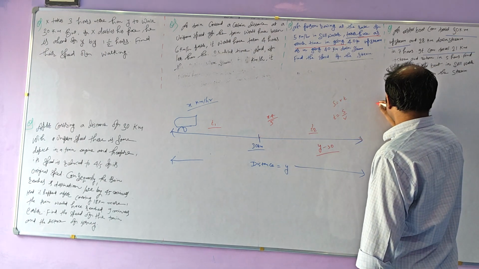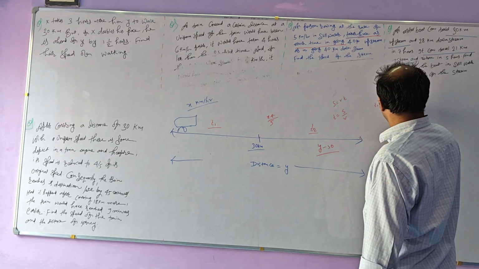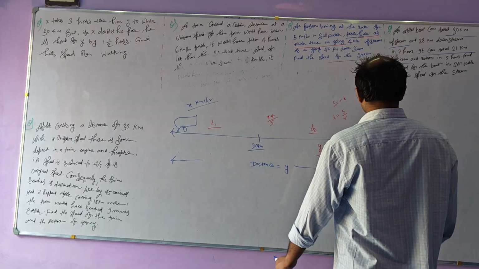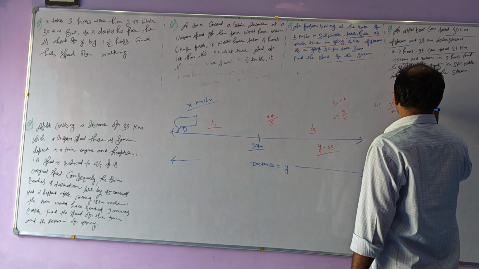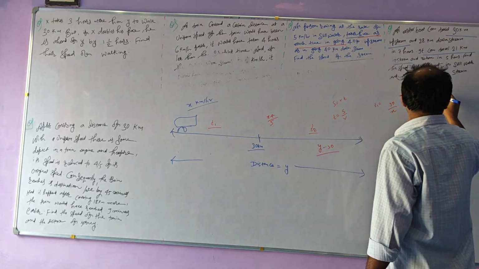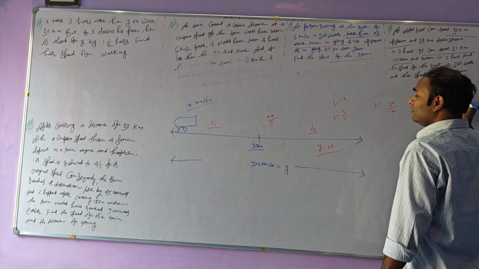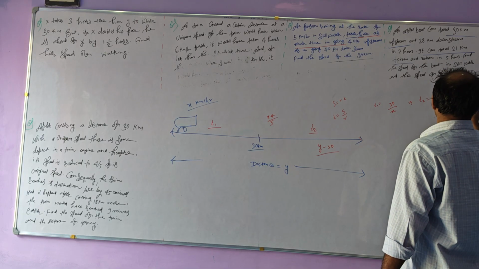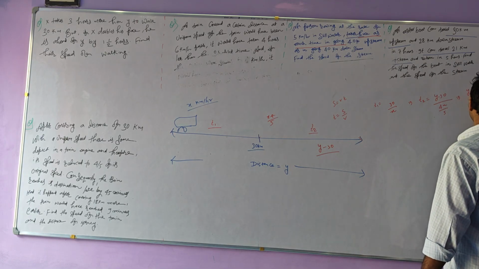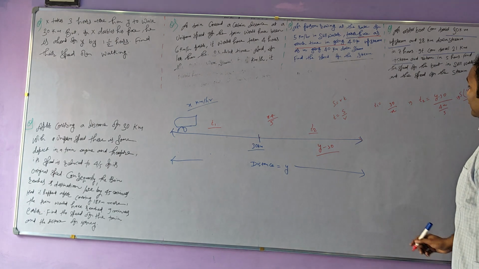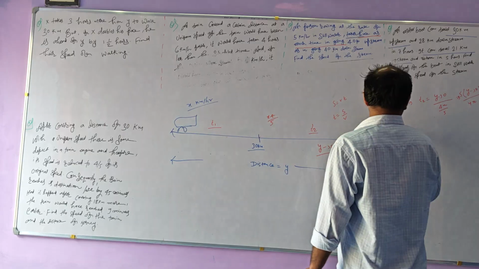Then T1 is 30 upon x, and T2 is (y minus 30) upon 4x/5, that becomes (y minus 30) times 5 upon 4x.